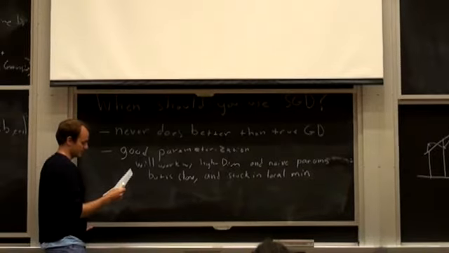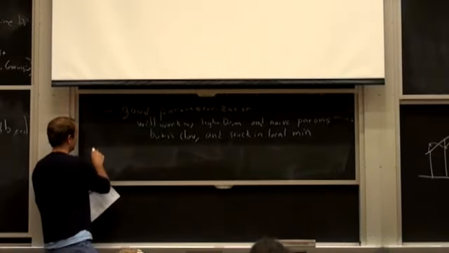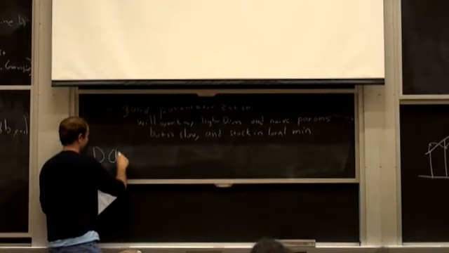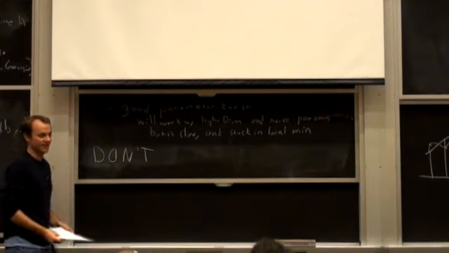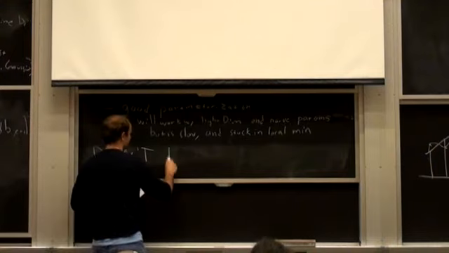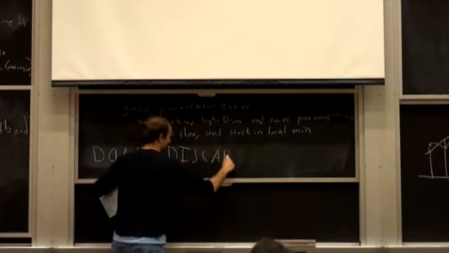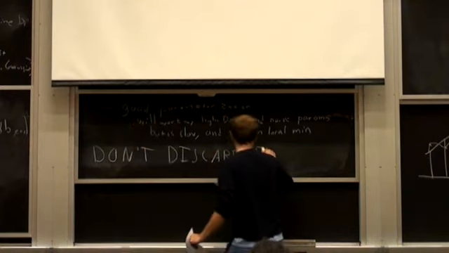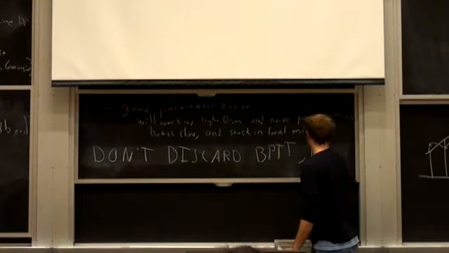I think this is a big point that a lot of people tend to do, and that I can be guilty of myself: don't discard backprop through time, RTRL, SNOPT.